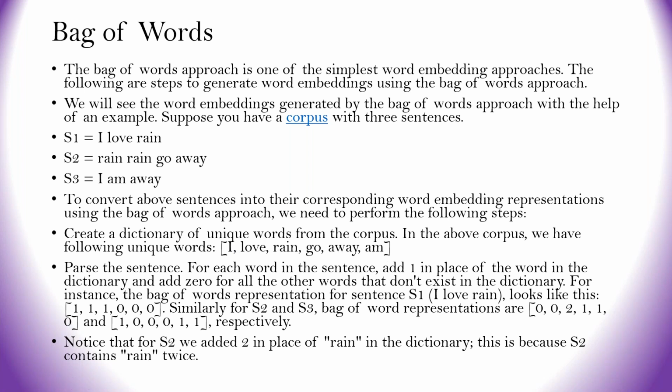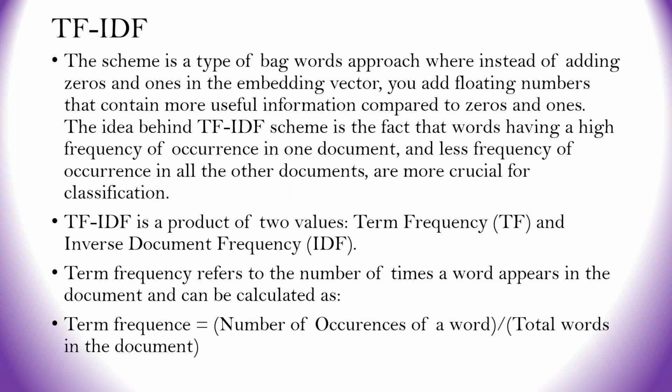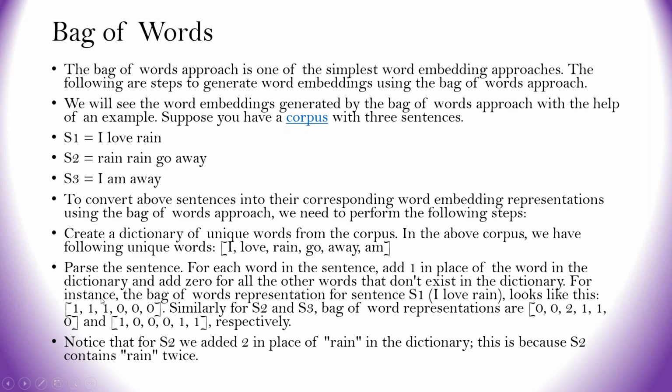For the final set of unique words, we are going to represent them with a frequency matrix. If we look at how the document term matrix is going to be formed, for the first sentence, I love rain is present in the first sentence.